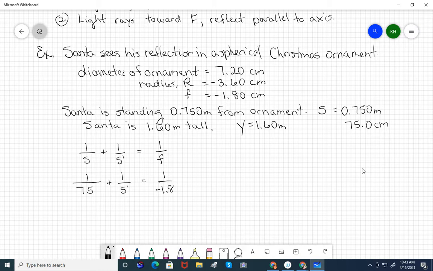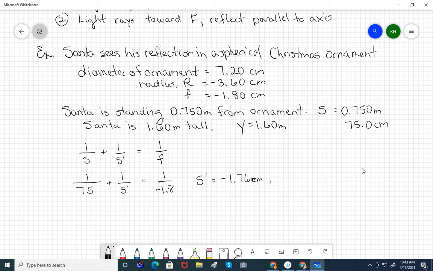So now to calculate, I'm going to do 1 divided by negative 1.8 minus 1 over 75, and then I take an inverse. And I get that S prime is negative 1.76 centimeters.